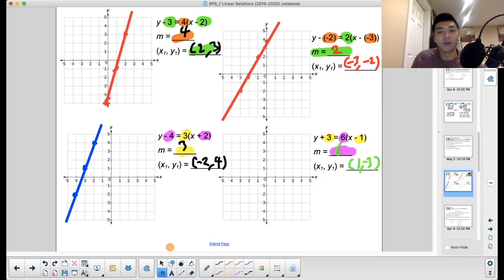Excuse me. 1, negative 3 is your point that we're going to graph. So 1, negative 3 is going to start all the way down here. We know that our slope is 6, so we're going to go up 6. So 1, 2, 3, 4, 5, 6, and then 1 to the right, which would be right here. You don't have enough room for any other points, so then I can connect those with a nice straight line.